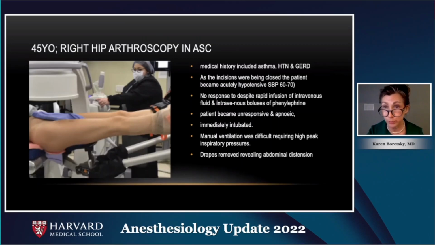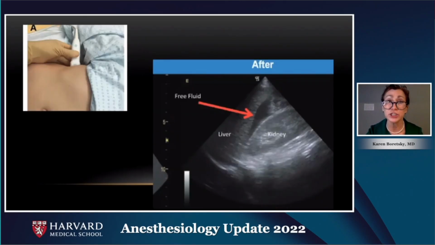The drapes were removed, revealing abdominal distension. This is an easy diagnosis with ultrasound, because on abdominal ultrasound, free fluid in the abdomen can be seen around the kidney in Morrison's pouch.